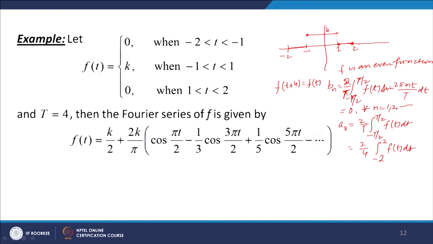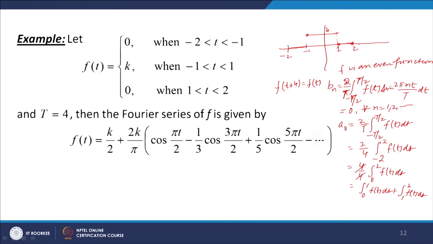Since f is an even function, I can write it as 2 times the integral from 0 to 2. So, that means 4 over 4, integral from 0 to 2 of f(t) dt, and 4 by 4 is 1. So, we get the integral from 0 to 1 of f(t) dt plus the integral from 1 to 2 of f(t) dt.